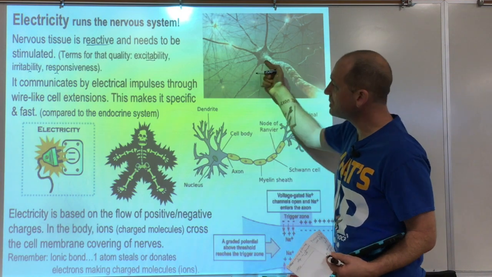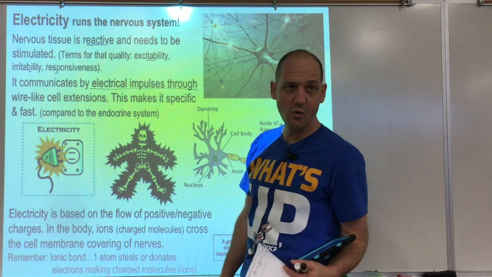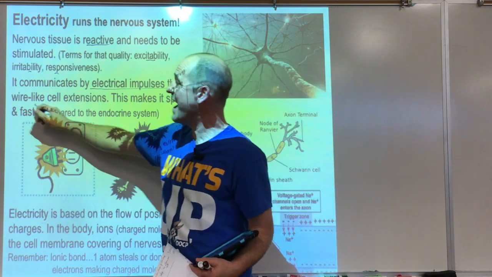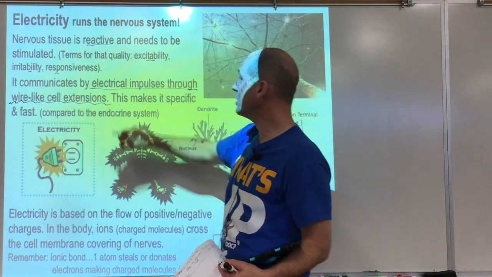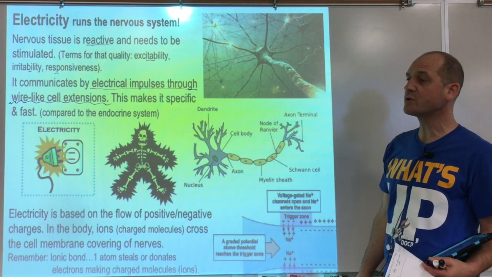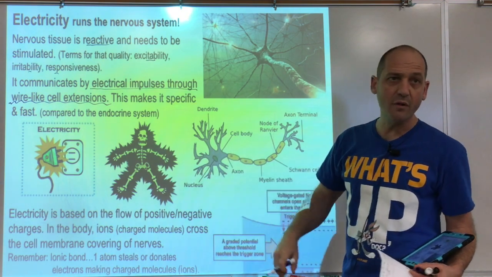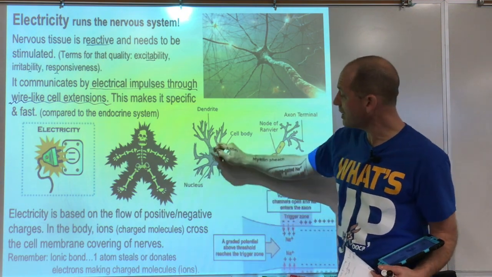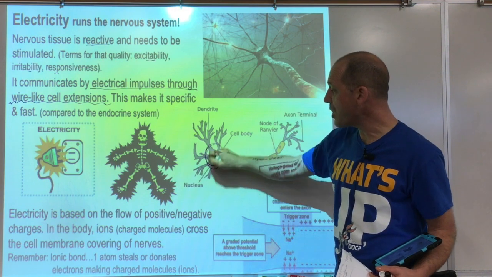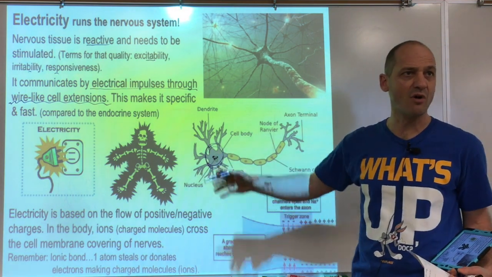The cables that the electrical impulses go through are wire-like extensions from their cells. They're basically parts of a cell. So a nerve, a neuron, is a cell that has a part that's a body, like the thing that we learned about the cell, that has all those organelles.